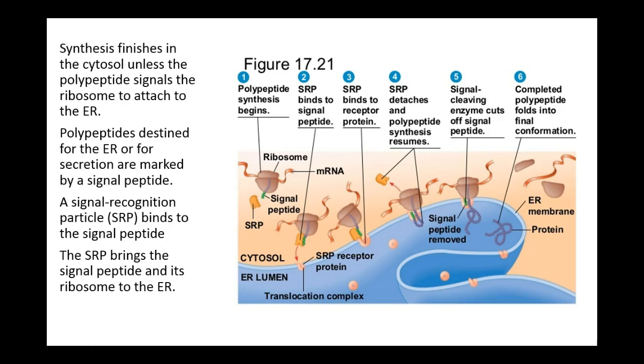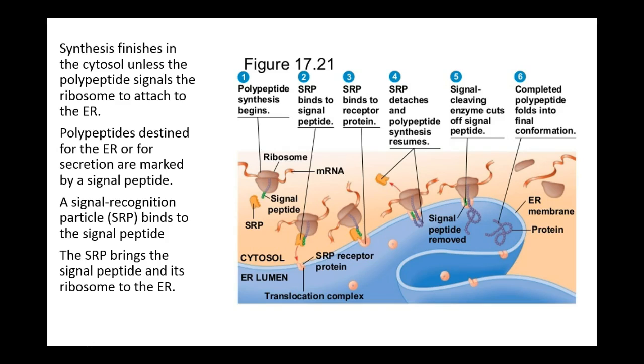That means the process is a little bit more complex than this, but we don't want to throw too many chemicals at you all at once. So there are factors that come in and create this signal. When that signal is recognized, the SRP binds to a receptor on the endoplasmic reticulum.